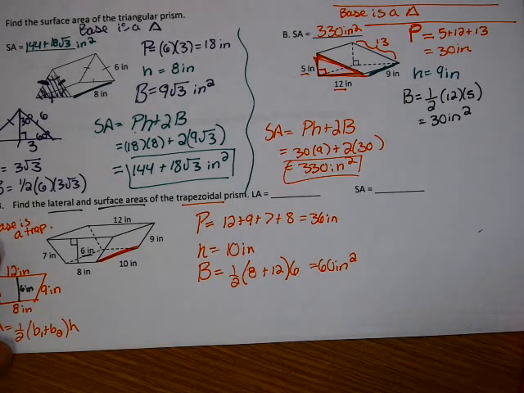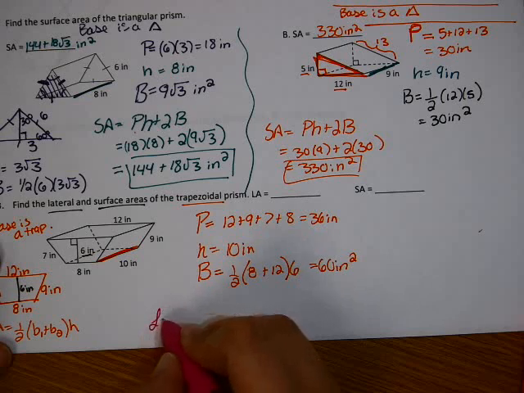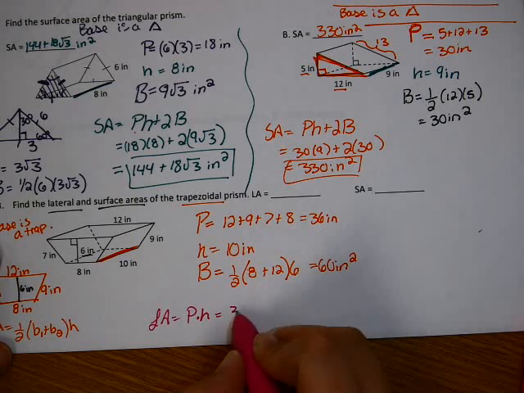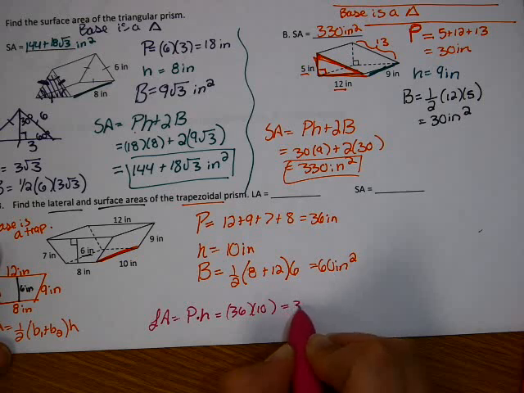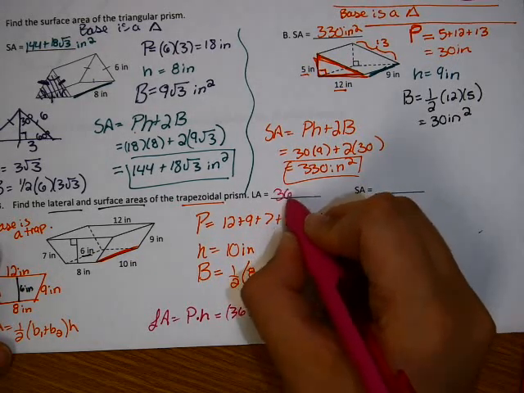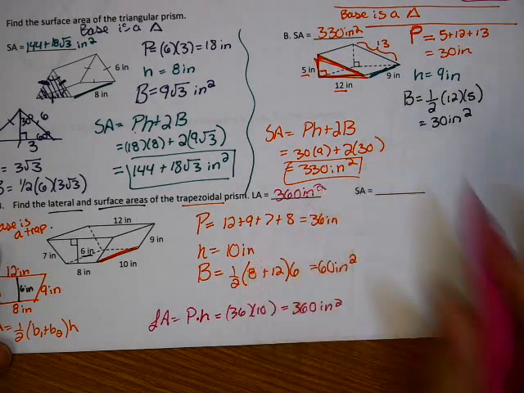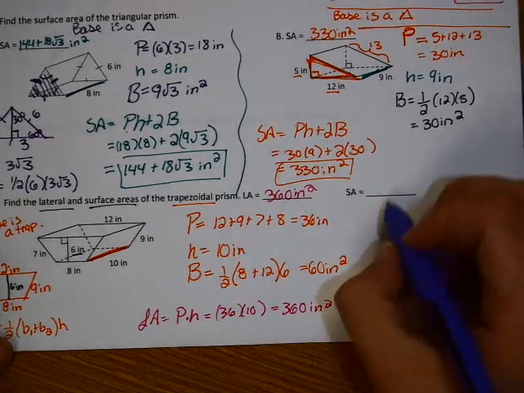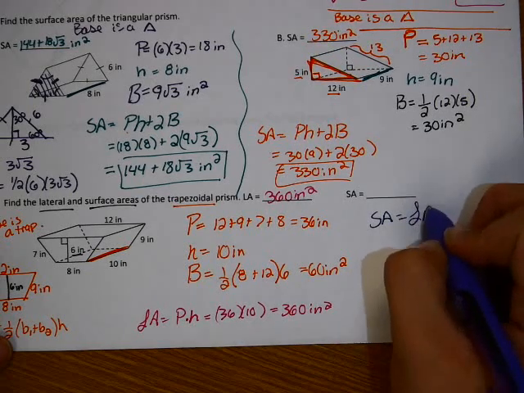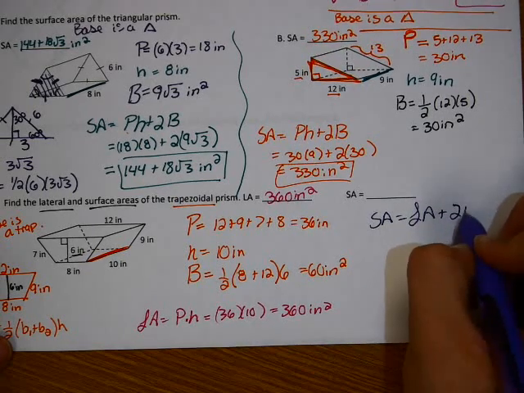All right, so lateral area is the perimeter times the height. So 36 times 10 is 360 inches squared. Now the surface area is the lateral area plus 2 times the area of the base.